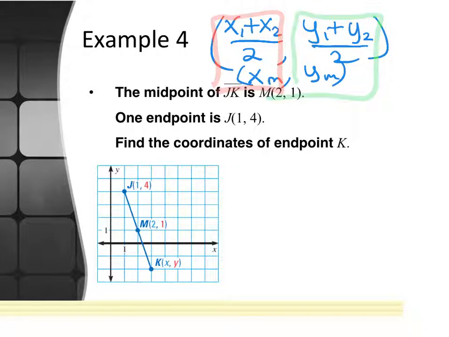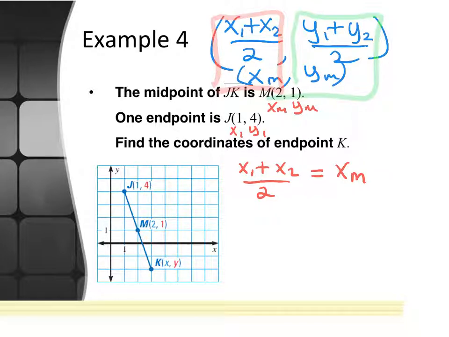So in my given information, this midpoint is going to be the xm and the ym. This first endpoint could be my x1, y1. So I'm going to go ahead and work with the x's first. So I'm going to be using x1 plus x2 divide by 2 and set that equal to xm.